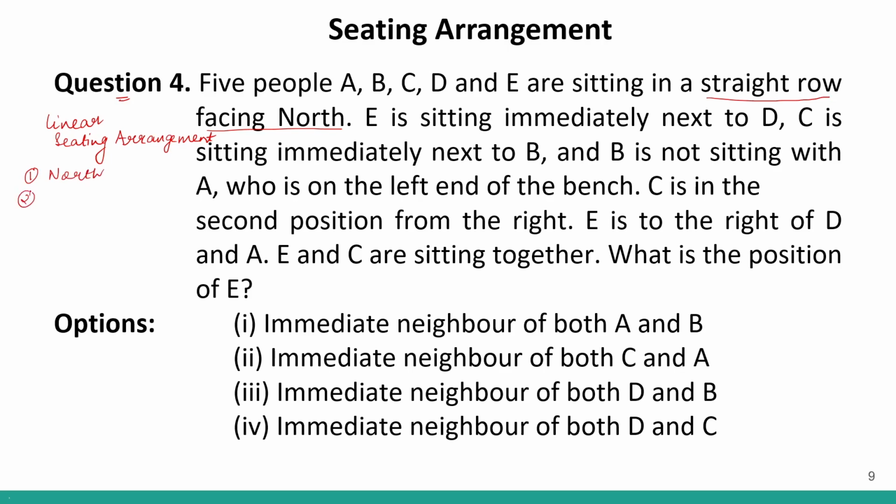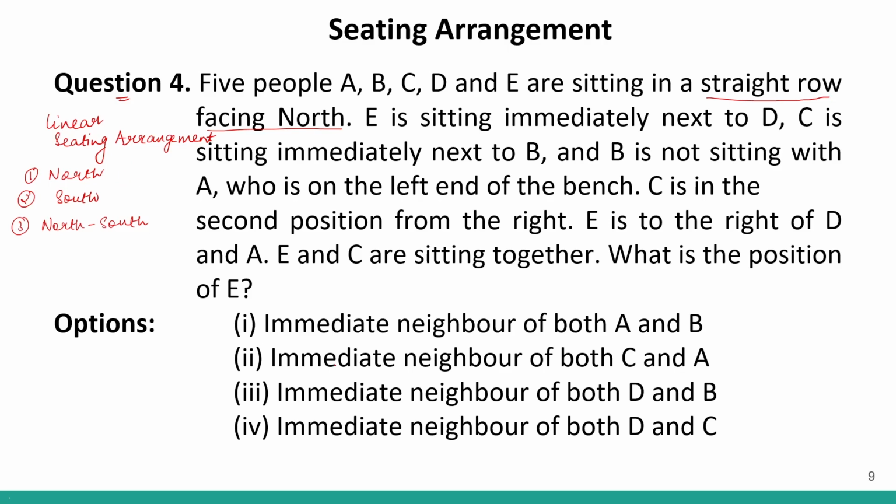The second is everybody is facing south. And the third is that some people are facing north and some people are facing south. There are certain exceptions where we also get questions when people are facing east or west, but those are rare. These are the 3 common types of questions that you can get in your competitive exams from linear seating arrangement.